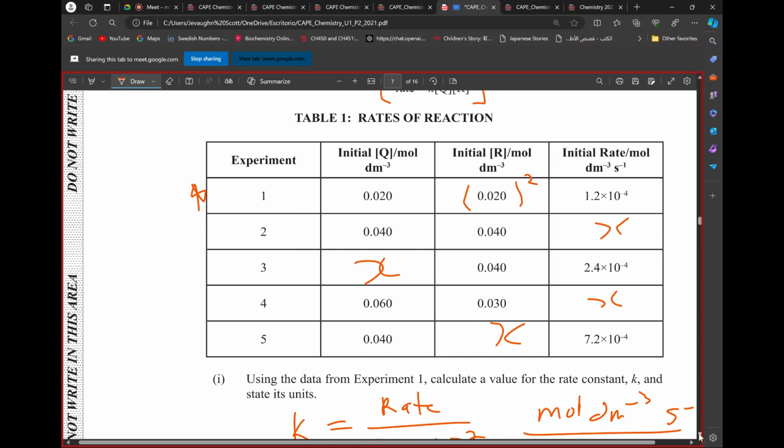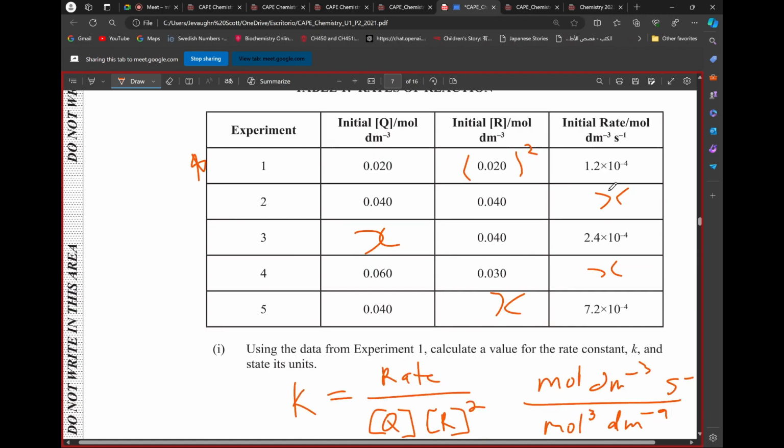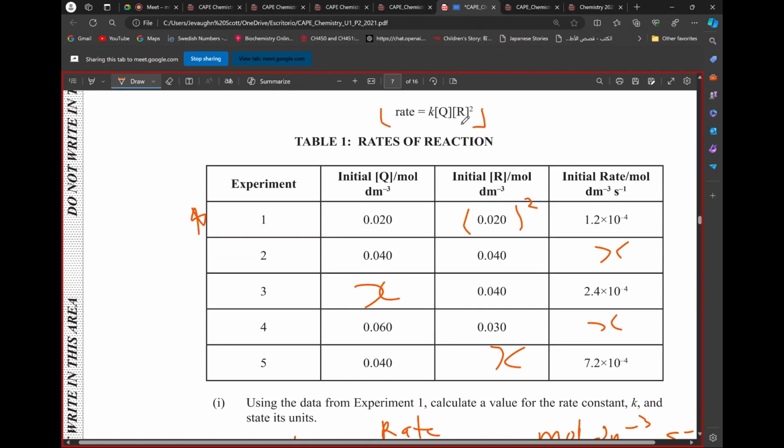Wait, sir, what happened? Sir, could you go over that? Okay. So let's say for experiment 2, we need to find the rate, right? Remember the equation. It's this equation we're going to be using. For experiment 2, we don't know the rate, so look at the equation above.